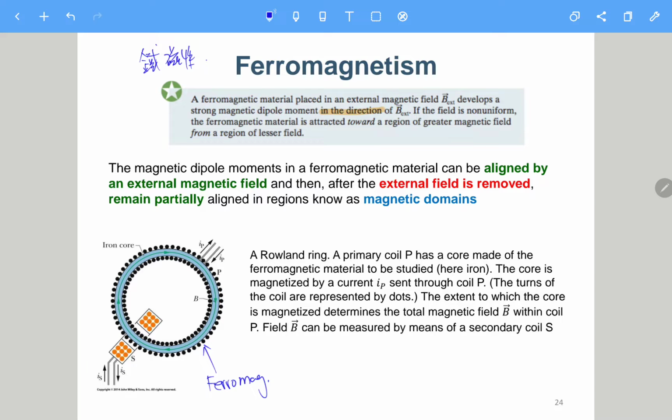We can store the direction of the magnetic field, and even when IP is removed, which means there's no current anymore, the ferromagnetic material still has partial alignment. It can still generate some magnetic field, and we can read it from the secondary coil, which can generate some EMF, something like this.